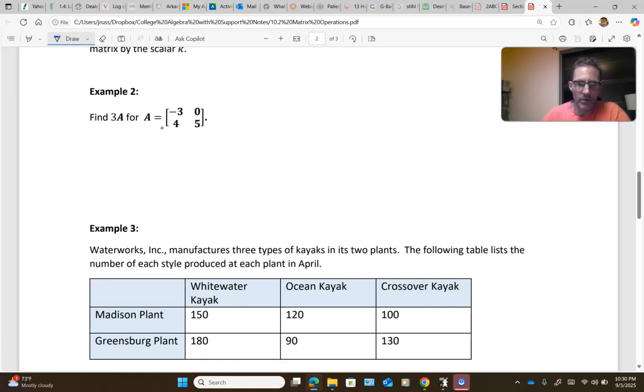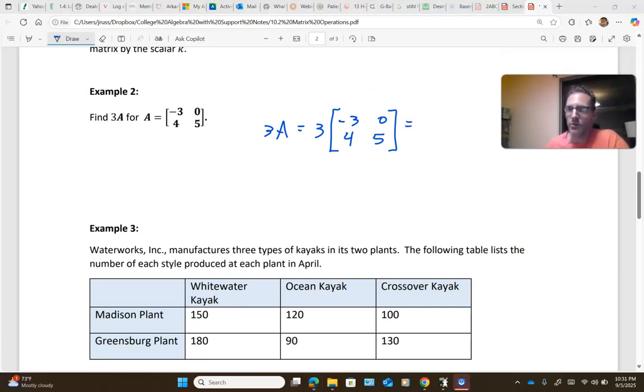Well, 3 times A means 3 times matrix A. It's sort of like using the distributive property. You distribute this 3 to all these entries. If we do that, the order of our matrix is not going to change.